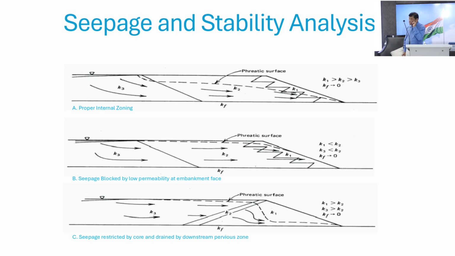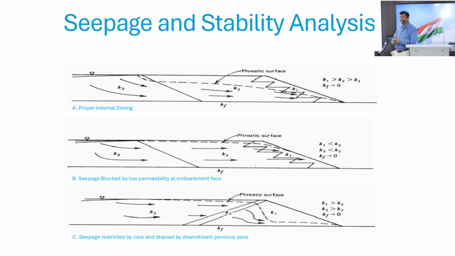Then come to the stability analysis. When we do the stability analysis of any slope, because a tailings dam is a slope, one of the inputs is the phreatic surface.